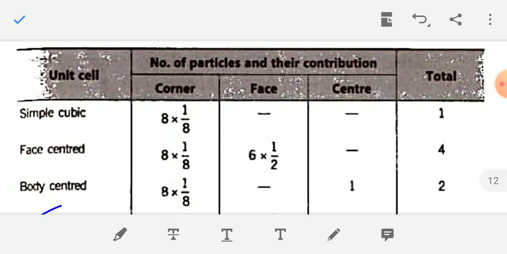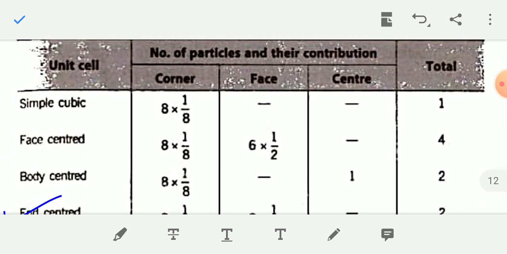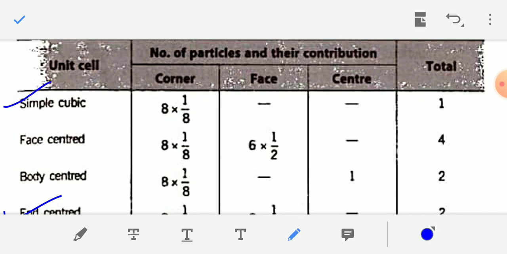So again I'm repeating, in case of simple cubic unit cell, on an average 1 particle is completely present within the unit cell. In case of face centered unit cell, on an average 4 particles are completely present within the unit cell.